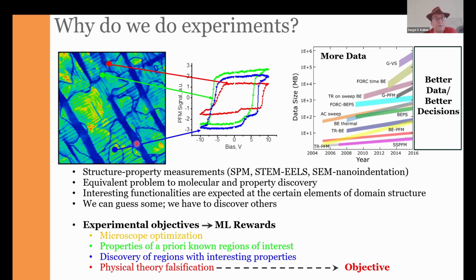And as I said, human decisions are informed by several considerations, right? In the beginning, you will try to optimize the microscope and do it on the regions which presumably can be used as standards. After that, we can explore the locations which are statistically significant. For example, you see the stripy domains everywhere.